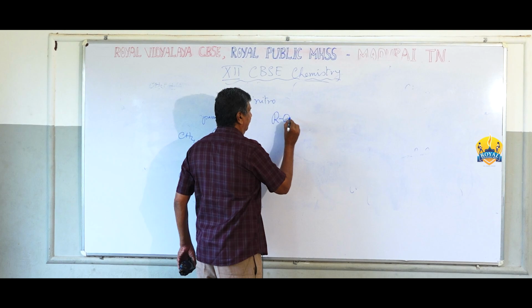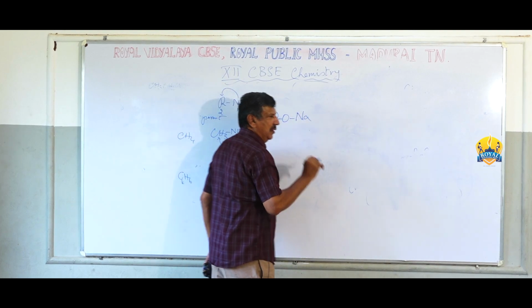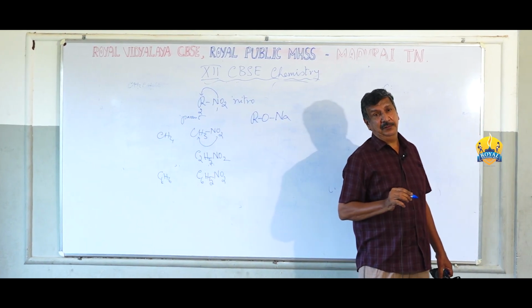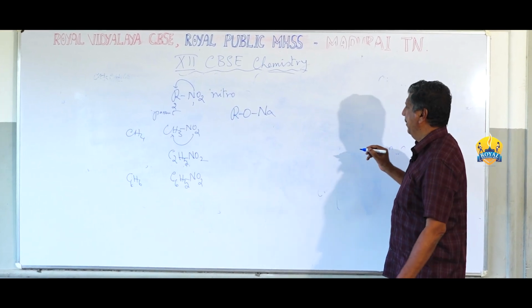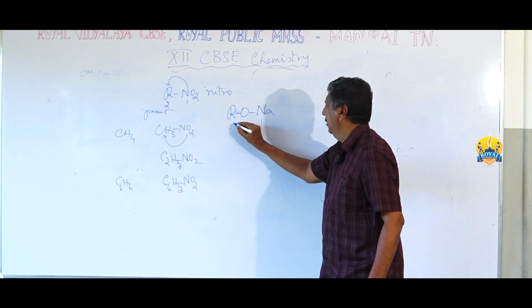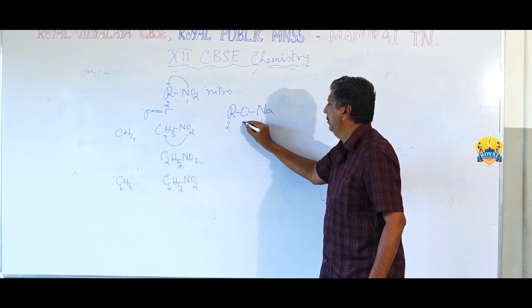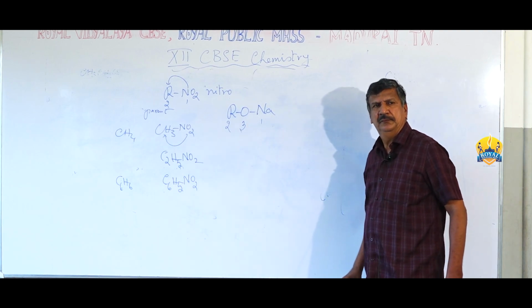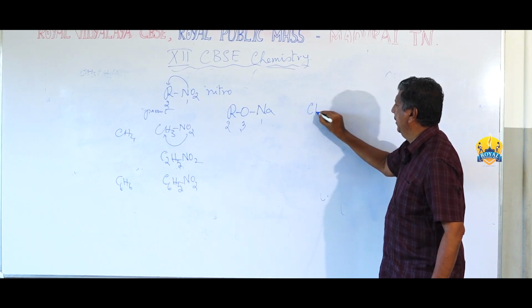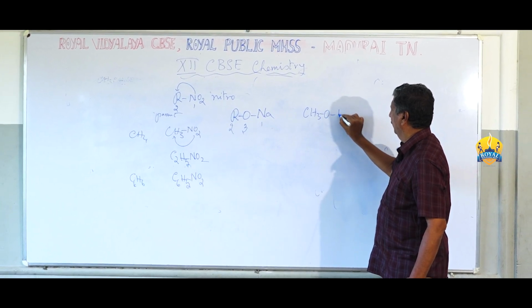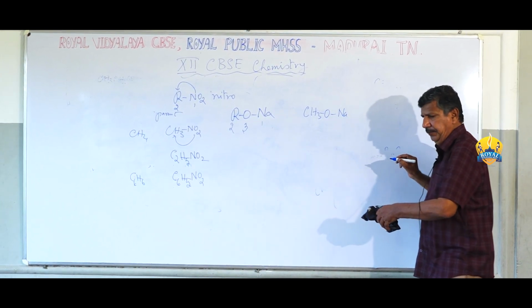Then this one. I told you, sodium salt. How to name this? First this one, second this one, and third this one. You see, I am writing it very easy. How will you name this compound?